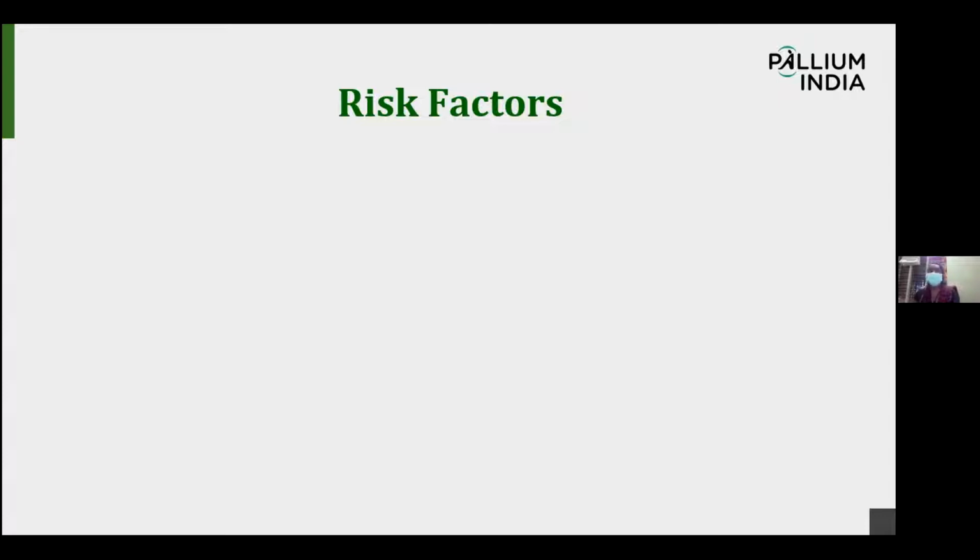These are the three major causes of pressure ulcer. So let's see what are the risk factors. So first is friction and shear. These are the two major risk factors.